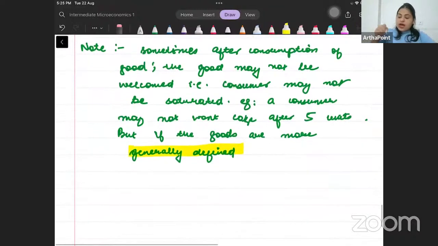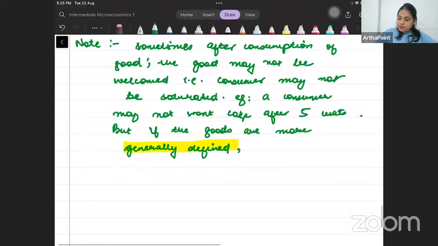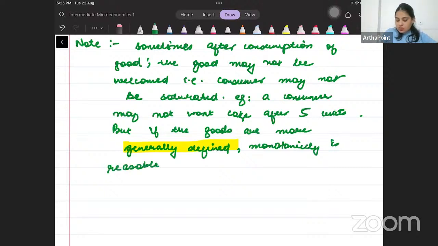So when goods are more generally defined, then monotonicity is a reasonable assumption.